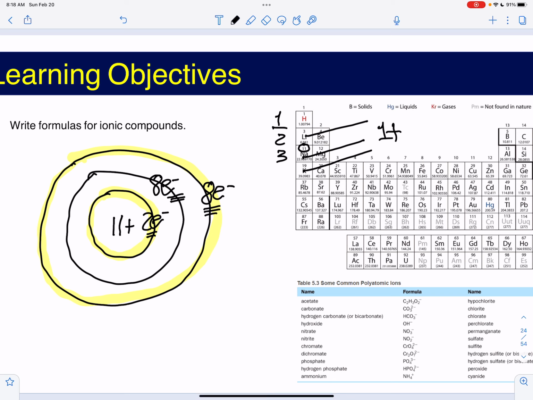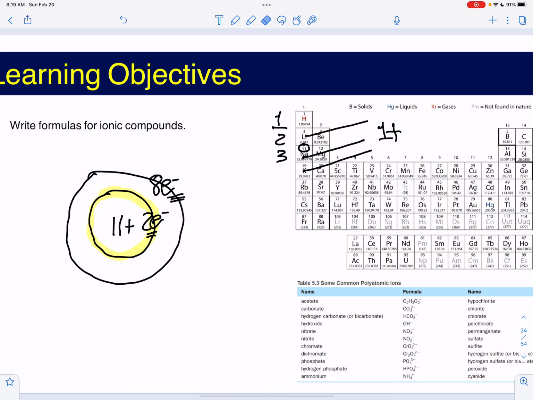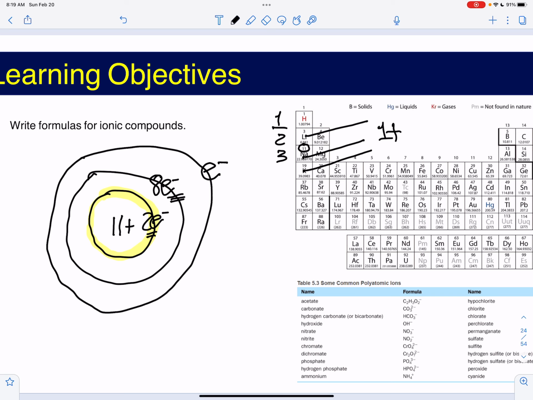So we need to put 11 electrons in there. We have 2 on the first one, 8 on the second one. That's 10. So we don't need 8 on the last one. We only need 1 more electron. That will give me 2 plus 8 plus 1. That will give me the 11 electrons I need.